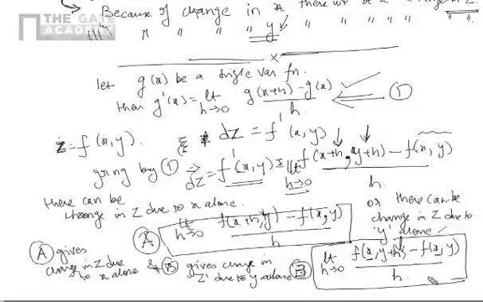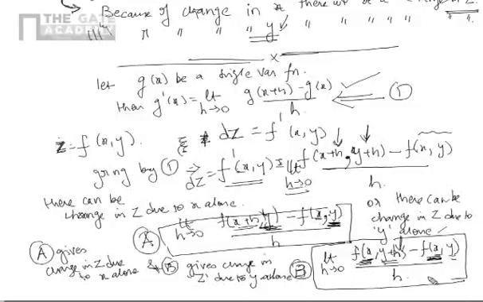Observe that when I am saying x alone, the y, here also it is y, here also it is y. Please note where I am marking. Similarly, when there is change due to y alone, x is not changing, here also it is x. Please note the marker, here also it is x. Whereas the y plus h is becoming y in this case. In the case of a, x plus h is becoming x.